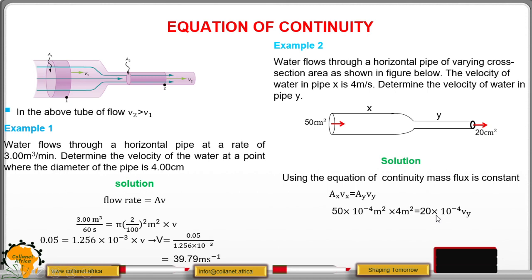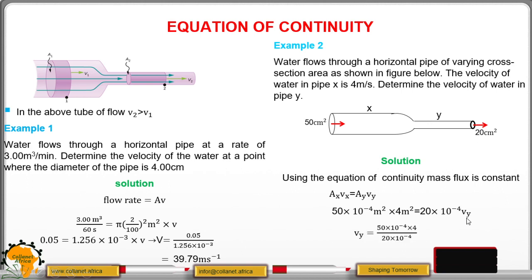Then it means that you're supposed to get the same mass flux on the other side. So we have this, which is this one. You also are supposed to change this one into square meters, then multiply by the velocity in this region, which is Vy.